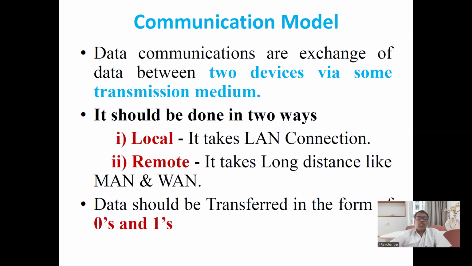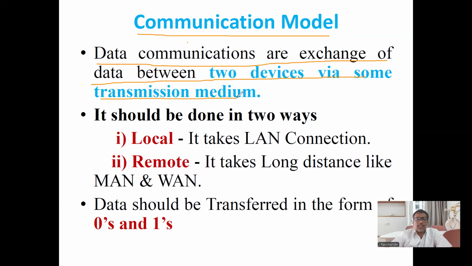So what is communication model? Communication model, it is a data communication or exchange of data between two devices via some transmission medium. This is called as communication model. It should be done in 2 ways.